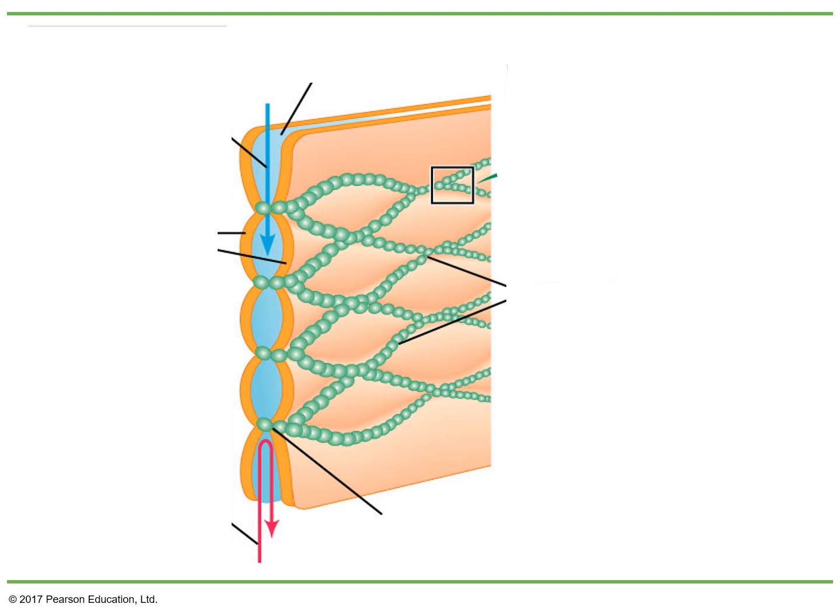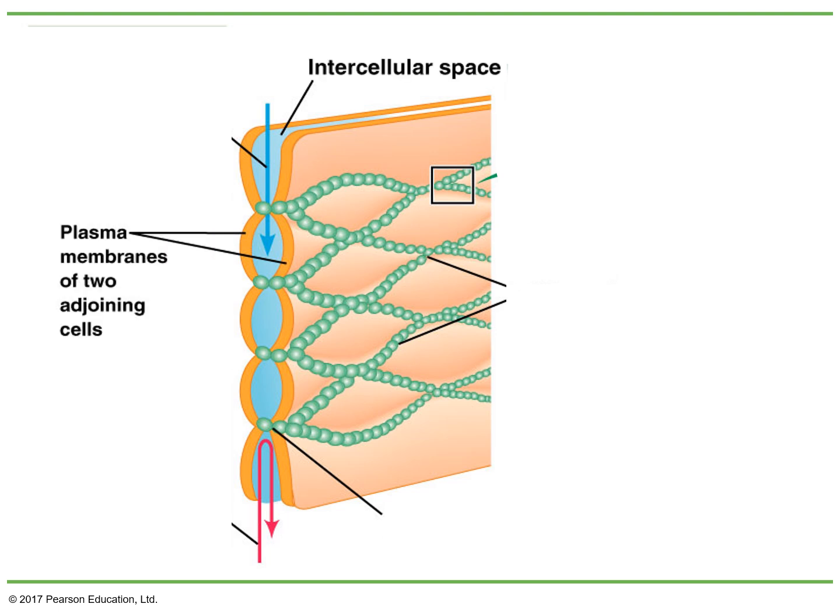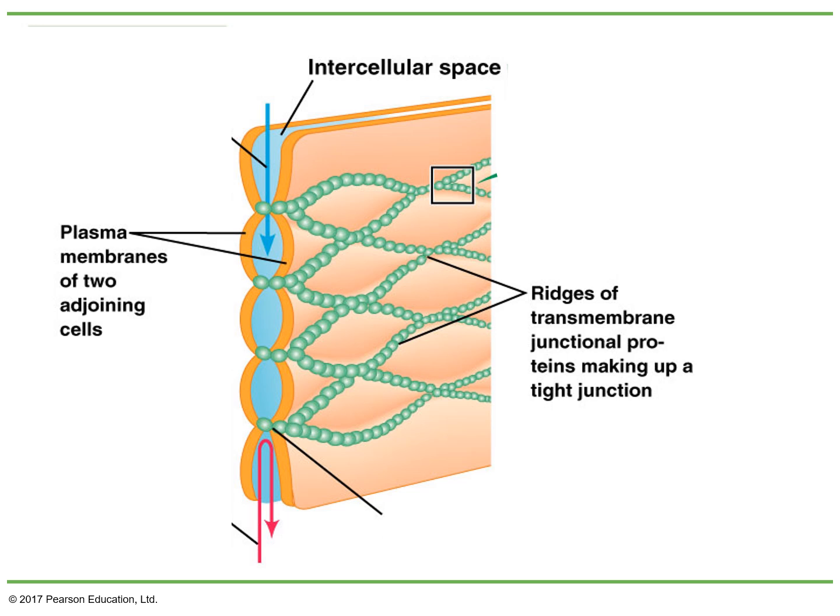So here, there is no backflow that can go in the other direction. In the same way that there is a selective permeability in the lipid bilayers, here you also have a selectivity, and only ions and water pass, and I will show you how this is done in a second. So here you have the intercellular space, the two plasma membranes, and here you find the ridges of the tight junctions.